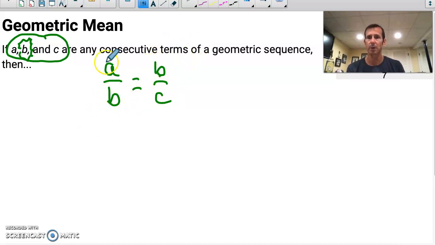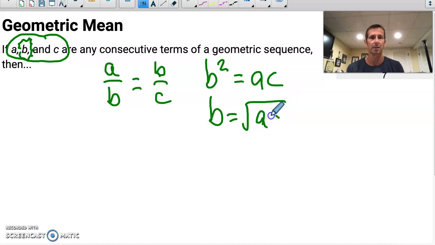If I cross multiply, which is how we solve a proportion like this, two equal ratios, I get B squared equals AC. To solve for B, I take square roots, so B is the square root of AC.